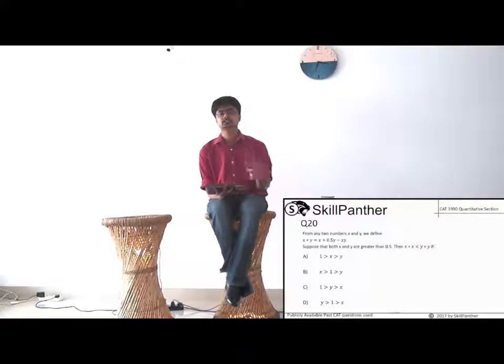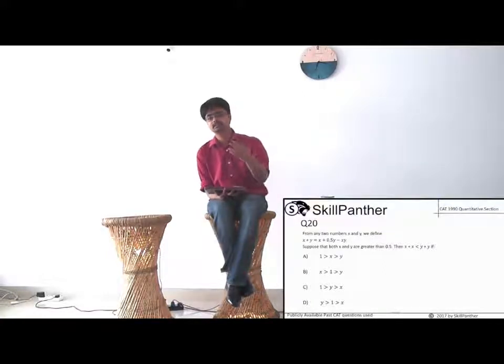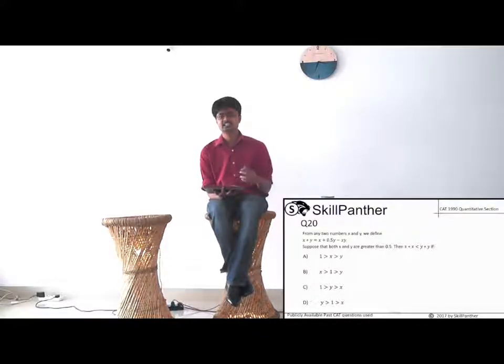We know how they behave after it crosses 1: at 1 it is a positive value of 0.5, and it keeps decreasing till it reaches 0, after which the negative starts increasing. So now if I take x and y, based on what the numbers are, I'll be able to tell what kind of behavior it will have all throughout its range.